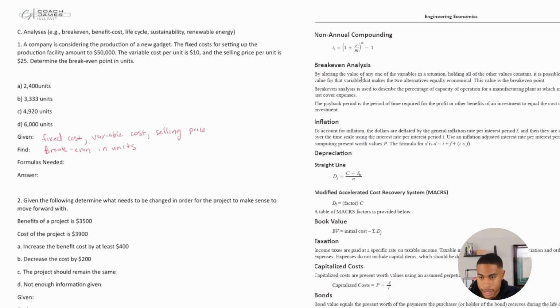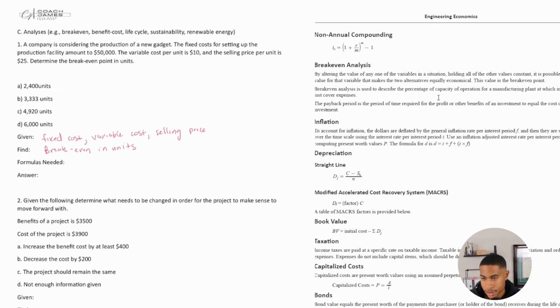Break-even analysis: by altering the value of any of the variables in a situation, holding all the other values constant, it is possible to find a value for that variable that makes the two alternatives equally economical.